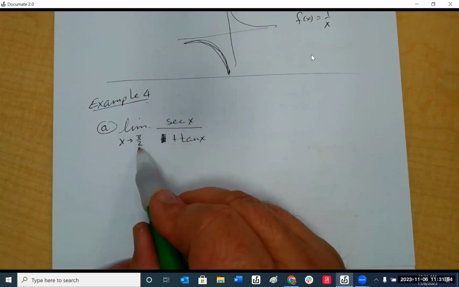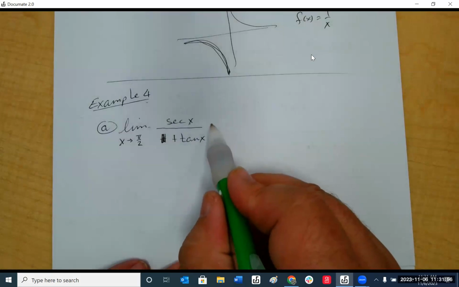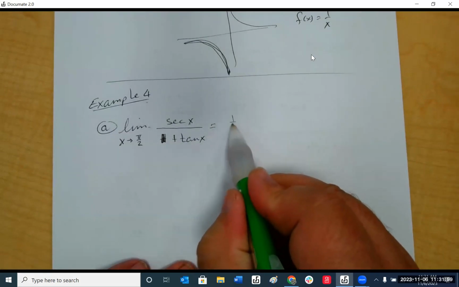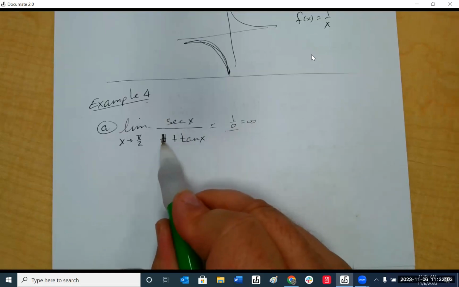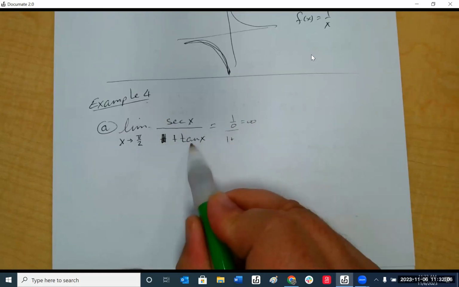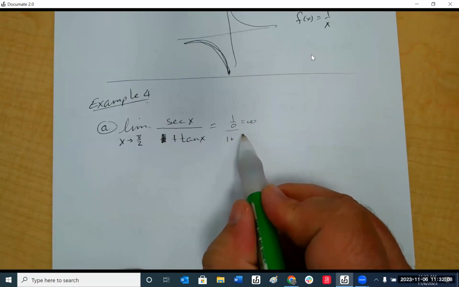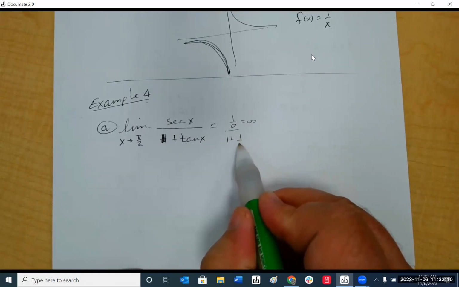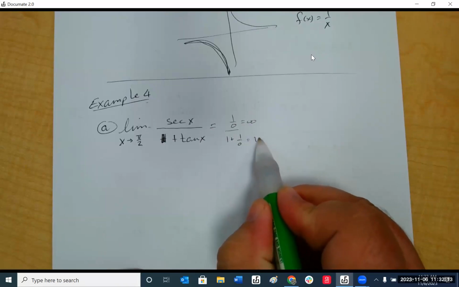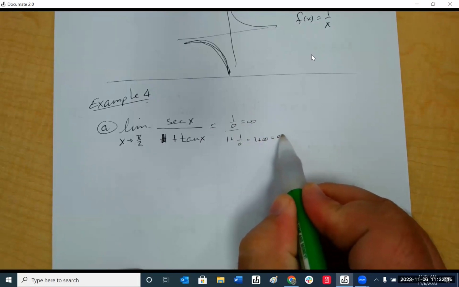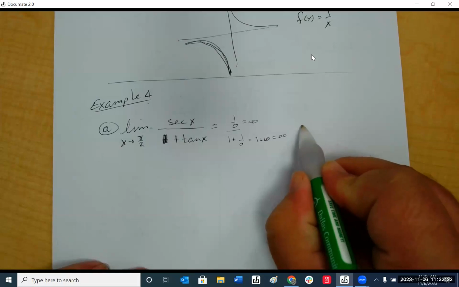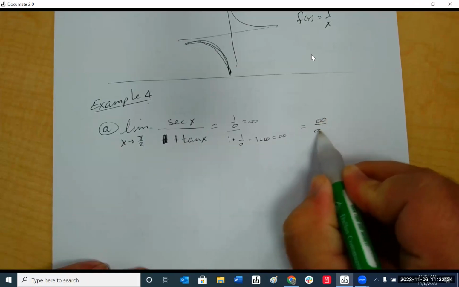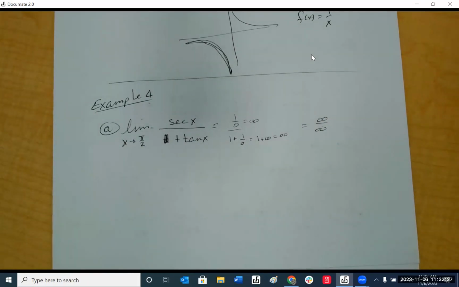Cosine at pi over 2 is 0, so it's 1 over 0 on top, which is infinity. Tangent is sine over cosine. Sine at pi over 2 is 1. Cosine is 0, so it's 1 plus infinity, which makes it infinity. So this is infinity over infinity.